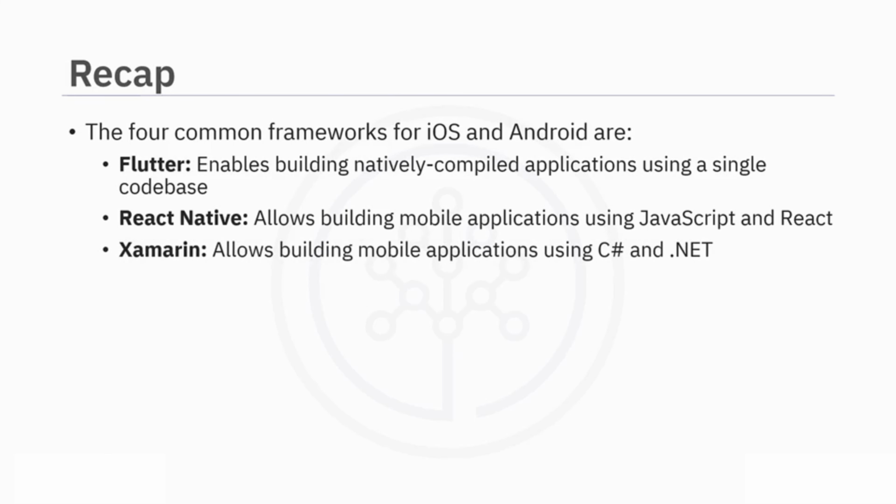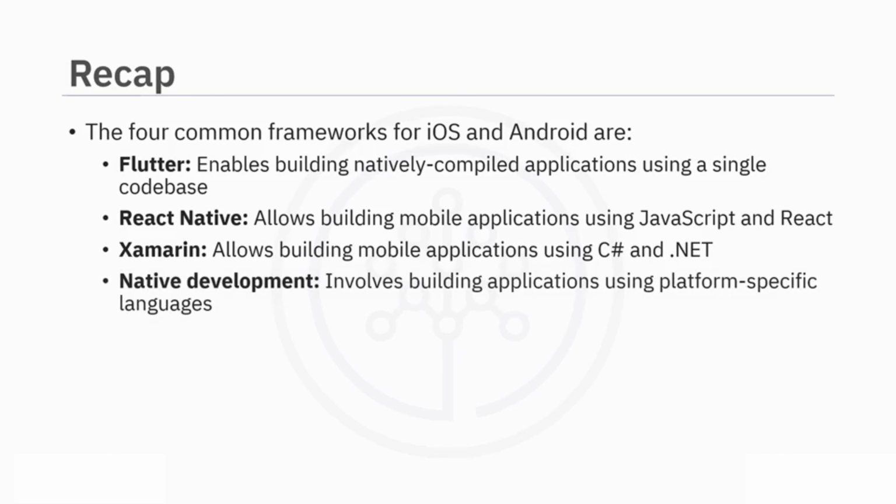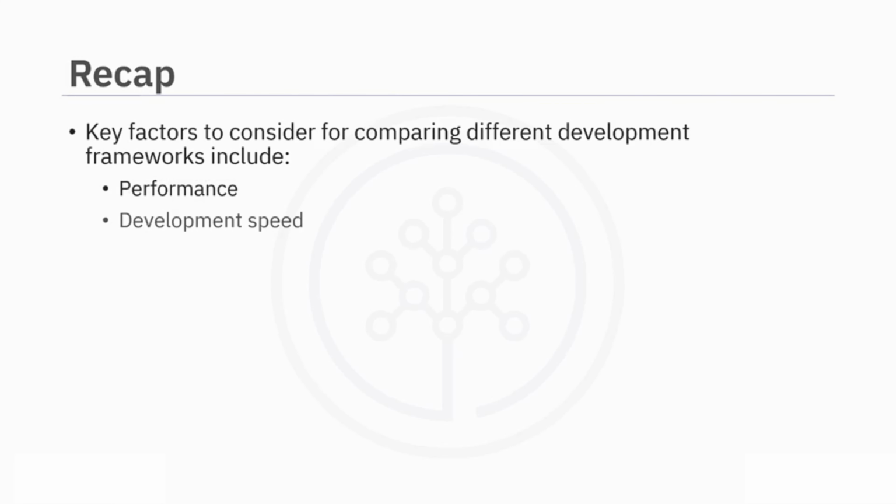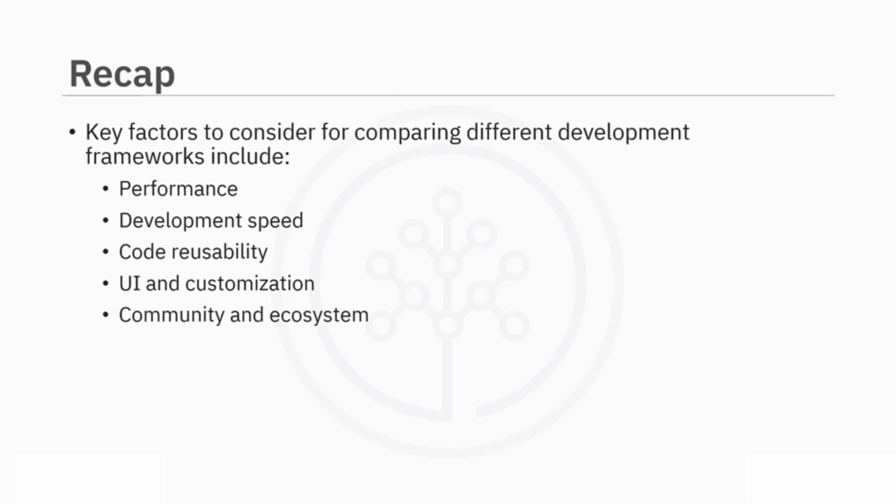Xamarin allows developers to build mobile applications using C# and .NET. Native development involves building applications specifically for iOS or Android using platform-specific languages and tools. You can compare these frameworks based on some key factors, which include performance, development speed, code reusability, UI and customization, and community and ecosystem.